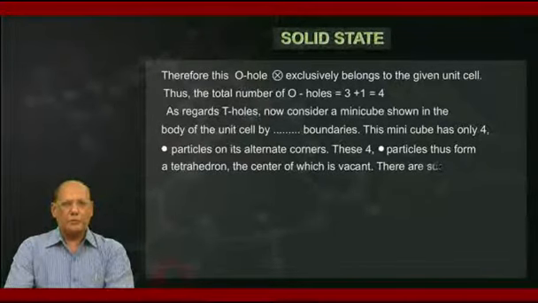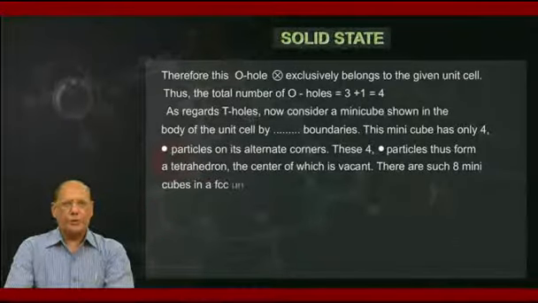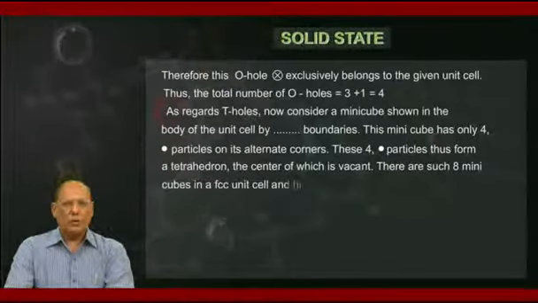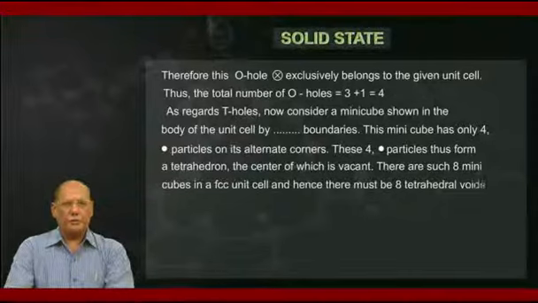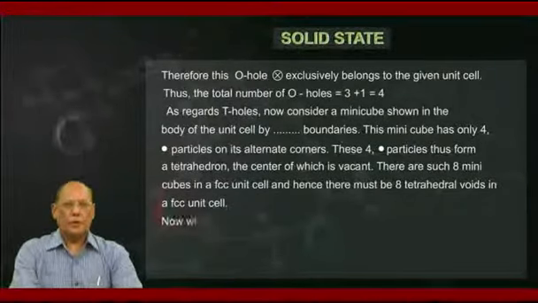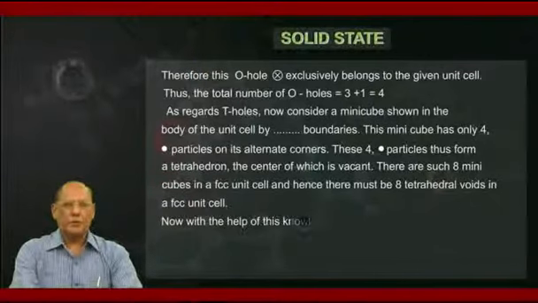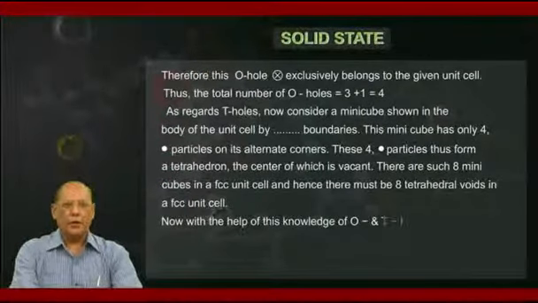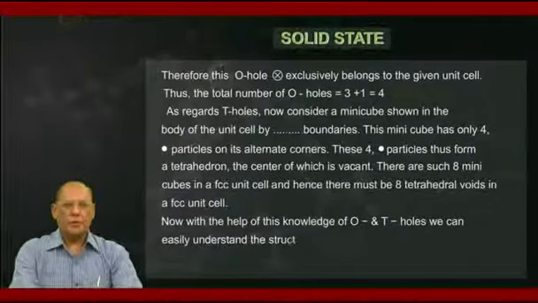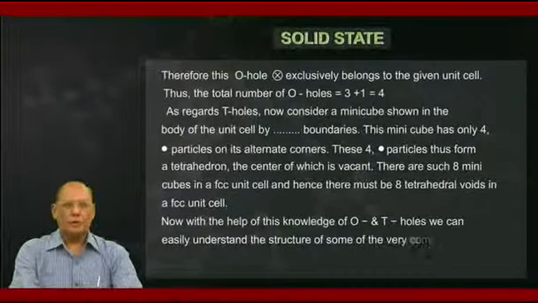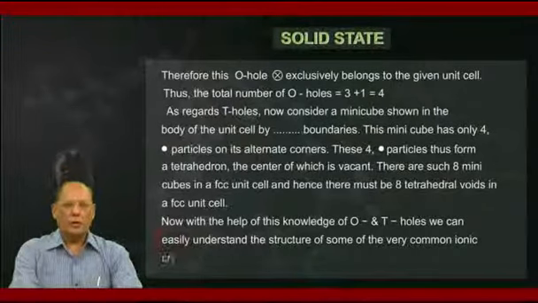There are such 8 mini cubes in an FCC unit cell, and hence there must be 8 tetrahedral voids in an FCC unit cell. So, now with the help of this knowledge of O and T holes, we can easily understand the structure of some of the very common ionic crystals.